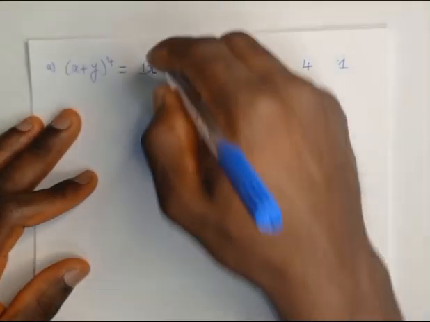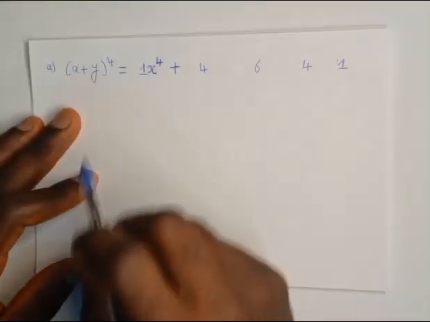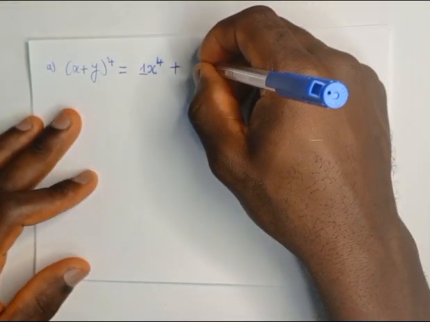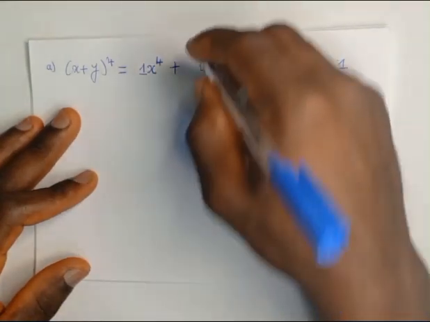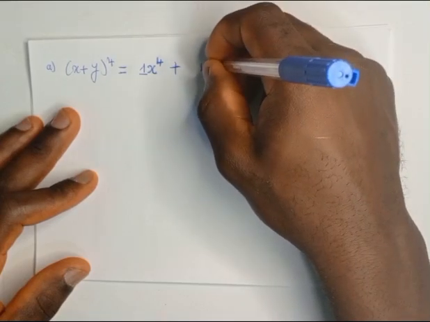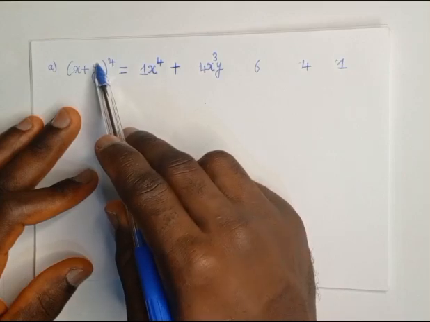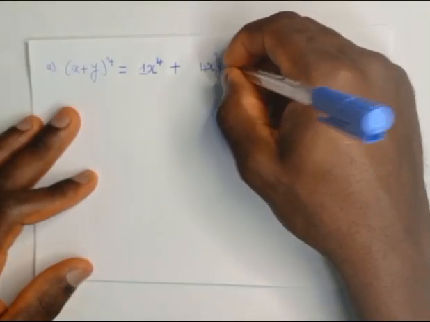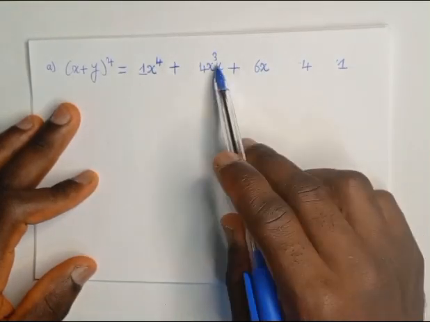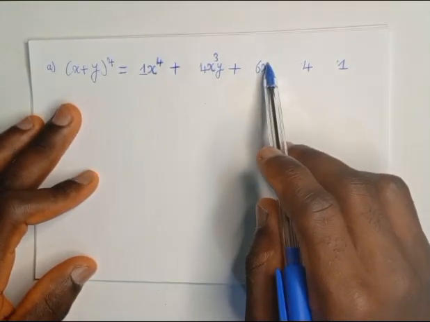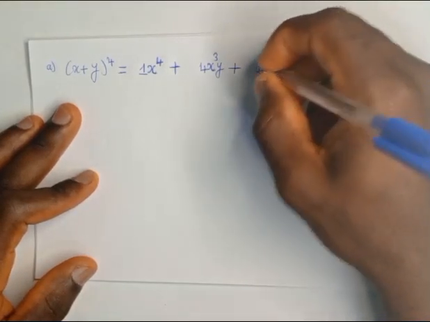Y to the power 0 gives 1, plus 4 times x raised to the power 4 minus 1, which is 3, y raised to the power 1, plus 6 times x raised to the power 4 minus 2, which gives us 2, y raised to the power 2.